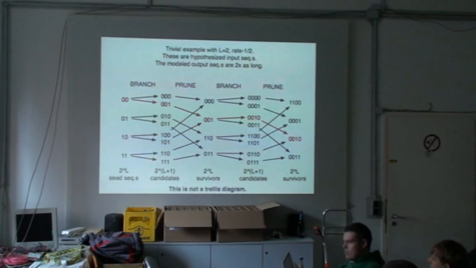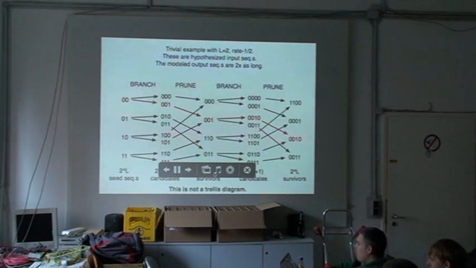So yeah, there are 16 states. What's that? There are 16 states. Oh, shift register length is 4. Okay. Which means that in any given phase of this, there are going to be 16 survivors and 32 candidates at each phase of the algorithm.